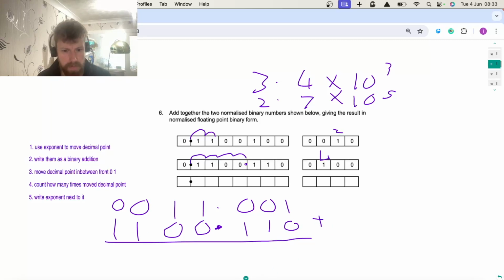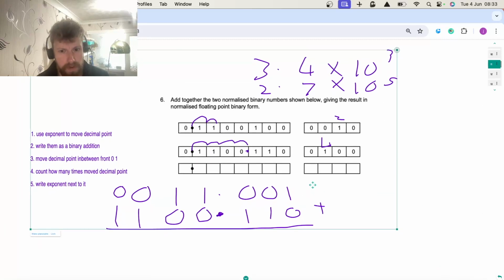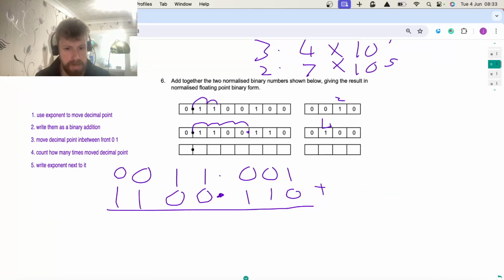Add them together. I'm just going to move this up slightly just in case some people can't see very well. So then what I'm going to do is I'm just going to add it up. So 1, 1, 1, 1, 1, 1, 1. Now it is positive, so I'm going to add in another 0 there.